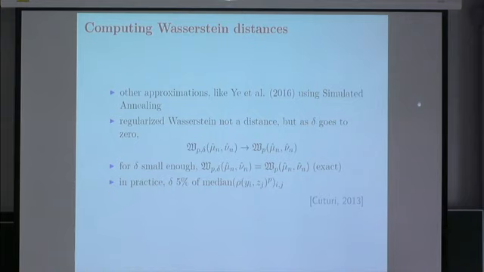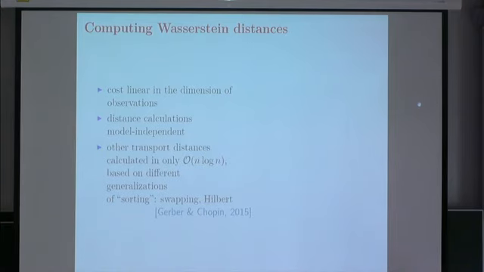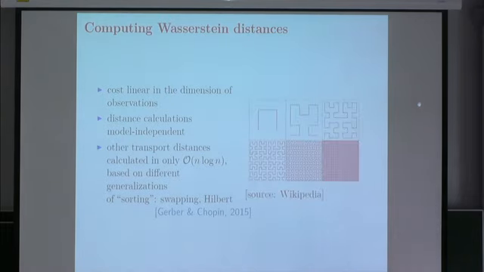There's a paper by Couturier that leads to an n log n computation cost, and the dimension is not directly impacting this cost. But the one I want to mention, and that we use in the paper, is the Hilbert curve approach that projects the original d-dimensional problem back to dimension 1.